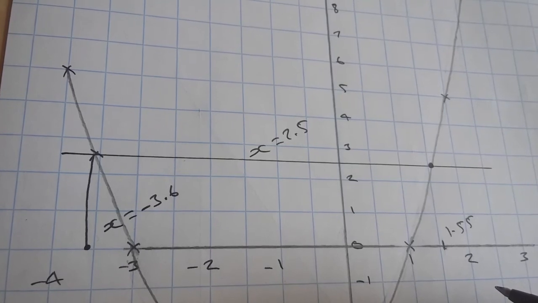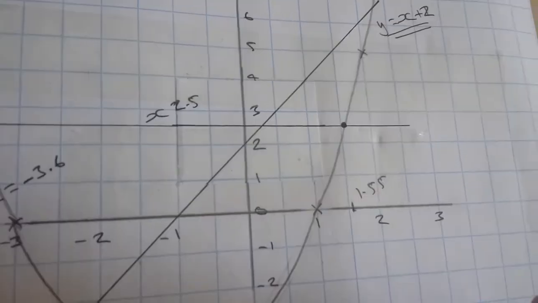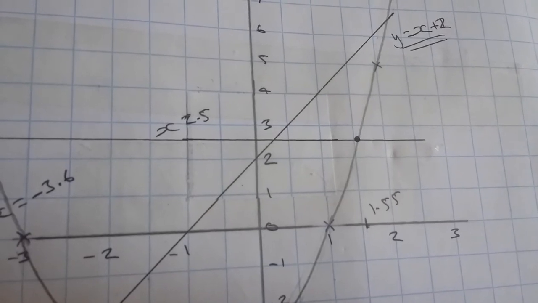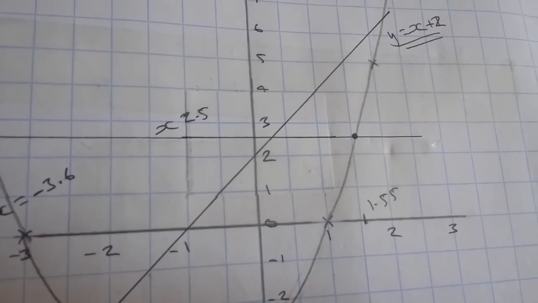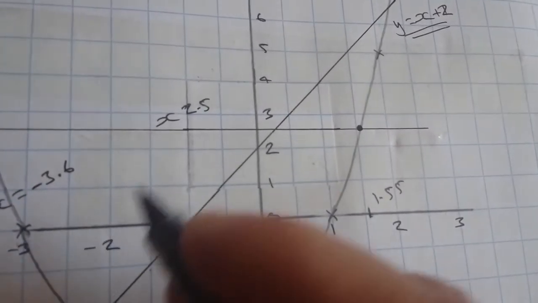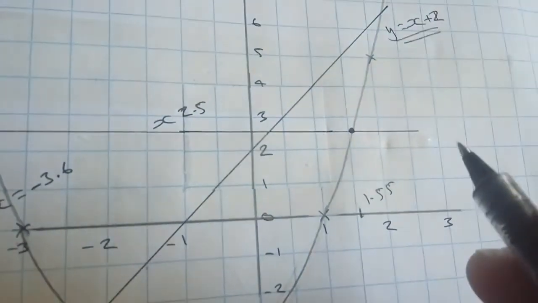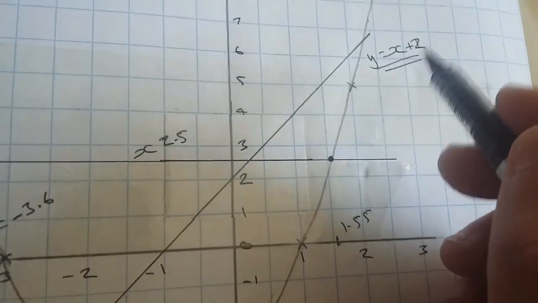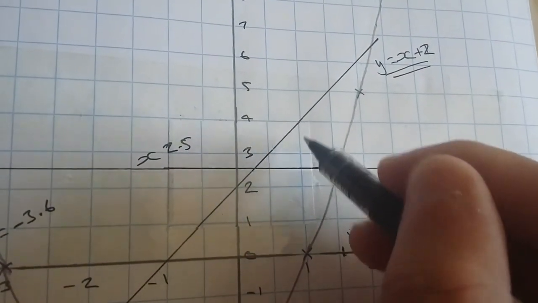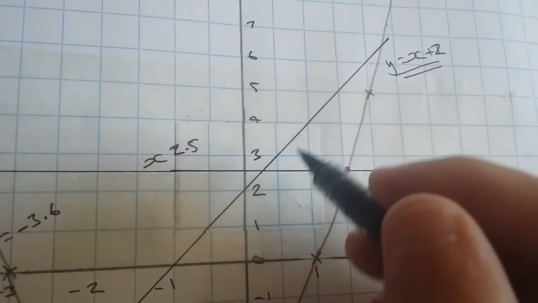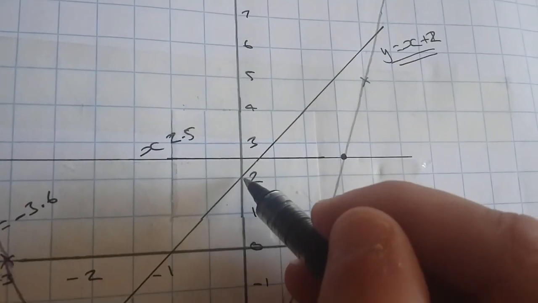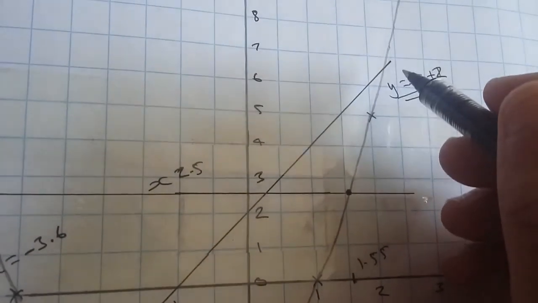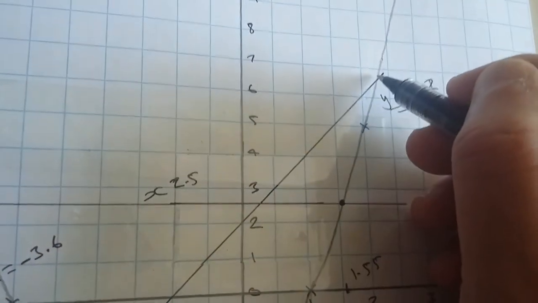Just now going to put a linear equation on there and talk about that. You may not need this skill at the moment, but just as we've looked at quadratic graphs and linear graphs, I've put a linear graph here on top of the quadratic, and I've done the equation y equals x plus 2. Every time it goes across one, it goes up one, and it goes through the y-axis at y equals 2. So that actually crosses the quadratic graph in two places.